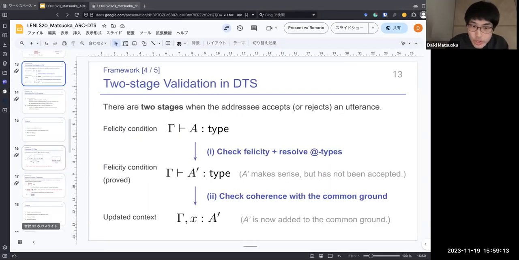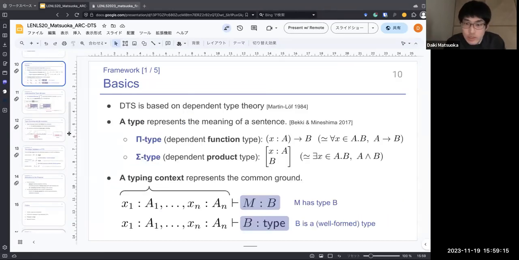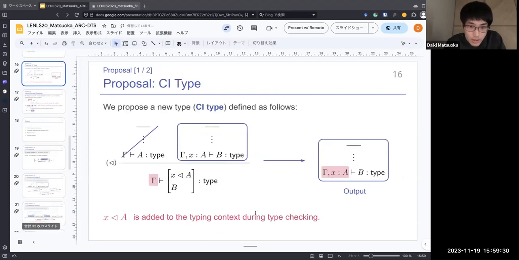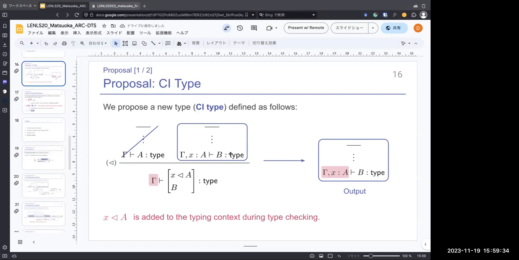Basically, we use Martin-Löf's dependent type theory, MLTT, as a basis, but we extend it with these two inference rules, for the aspirant type and the CI type. Okay, good.